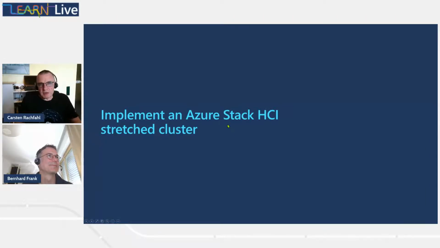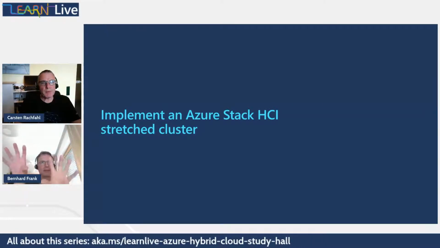So next part is implementing an Azure Stack HCI stretch cluster. And I mentioned in Germany, at least, stretching is very popular. So we have a lot of companies who have 2 rooms on the same campus, for example, and they want to do a part of the cluster in one room and another part in another room. So when would you say stretched is really stretched then?